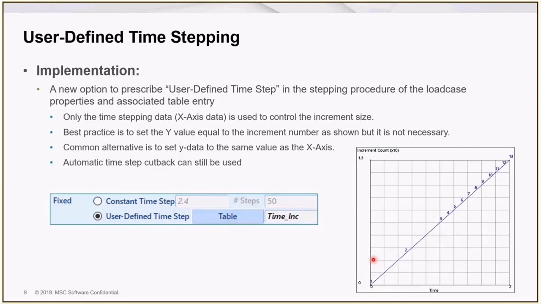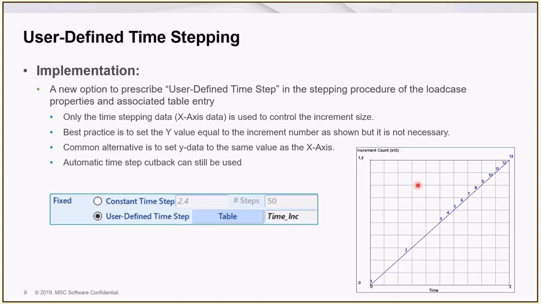Where this first increment is, that time difference is your increment size. So you can see that I ran a couple large increments followed by a number of small increments in this particular example. We don't use the Y value currently. I do think we are going to look forward to a time where we might use that Y data, but at this time we don't.